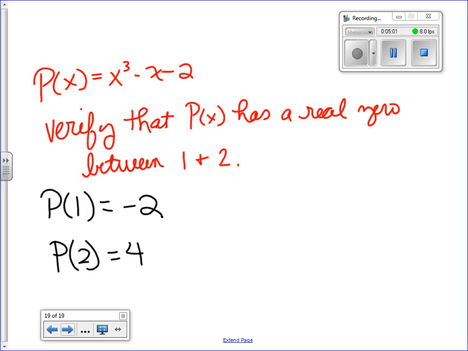So there's a zero between there somewhere. Okay? Two is not the zero because 2 gives you 4. No, p of 1 is 1 cubed minus 1 minus 2. P of 2 is 2 cubed minus 2 minus 2.